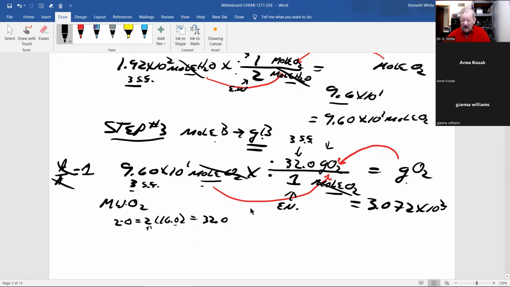So I'm going to have to round this off to 3 significant figures. Keep the 3, keep the 0, keep the 7. Use the 2 to round off. That's 4 or less. So my answer, and this is how many grams of oxygen I'll need.